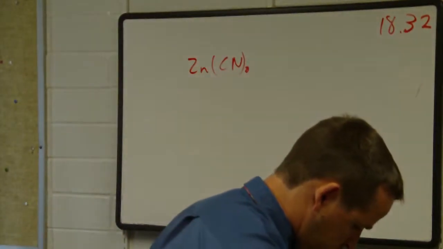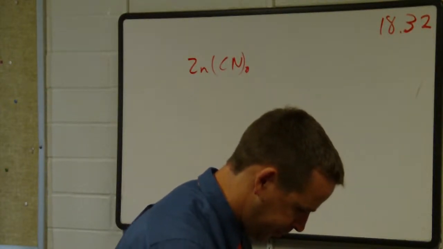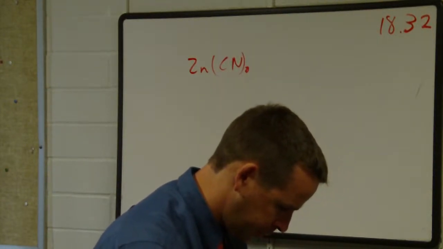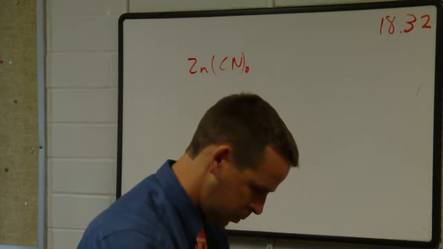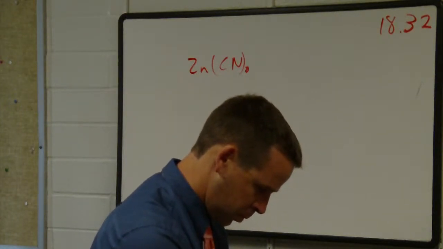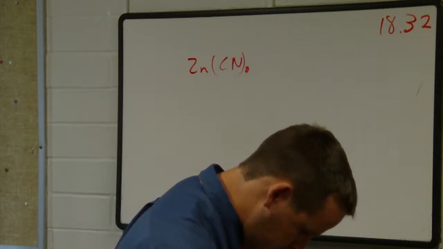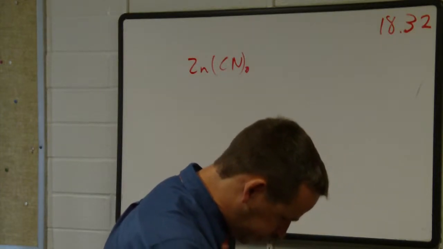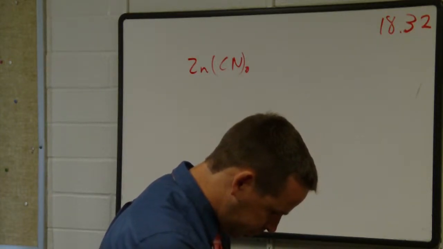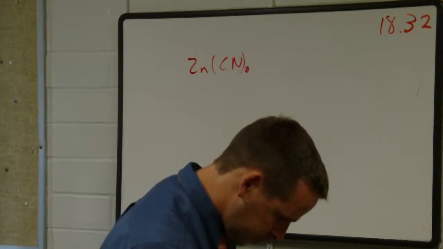Is there a table at the back of the book here? Solubility product constants. Fluorides, bromides, iodides, hydroxides, cyanides. There it is.